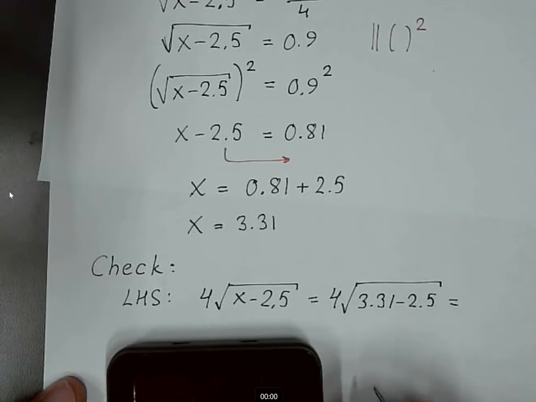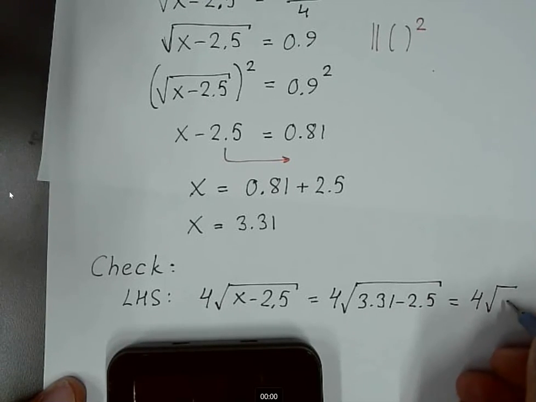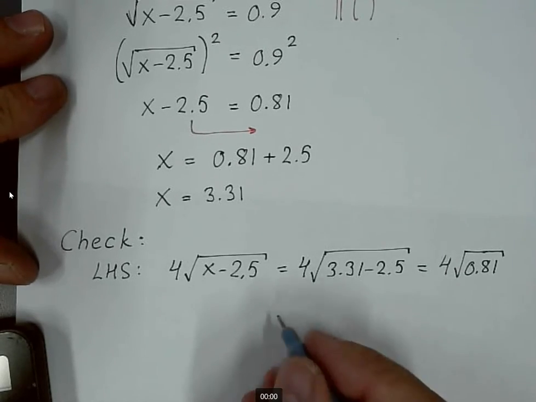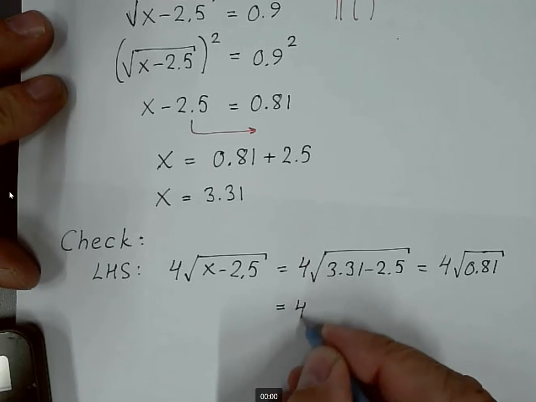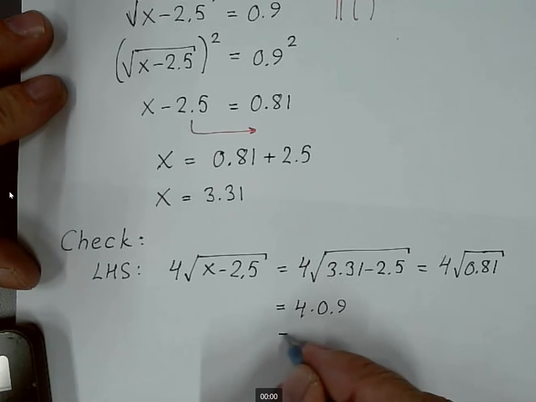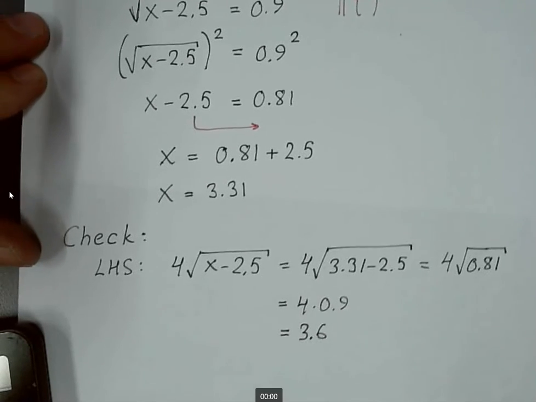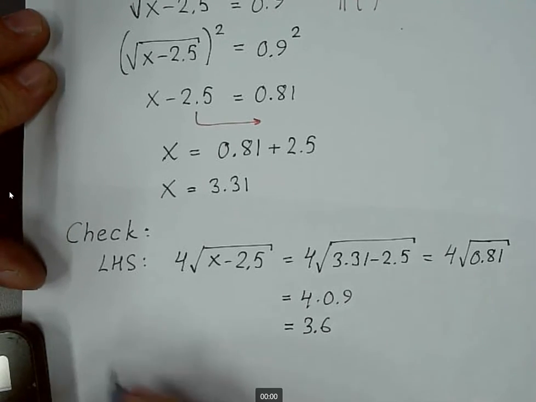So we get 4 and square root of 0.81, and well, this is quite easy to see that this will get us the same value as in the right hand side.